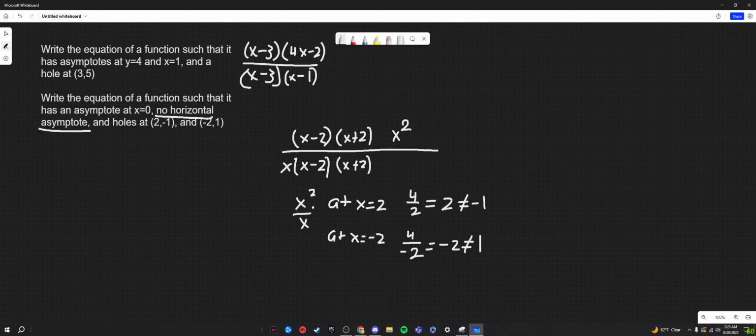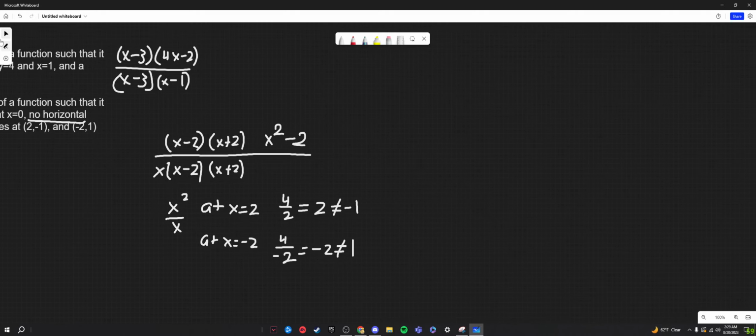So first, we're going to subtract 2 here. That's a mildly better looking 2. So now we have x squared minus 2. Let us shift this way. So now with x squared minus 2 over x, we can plug in our 2's again.